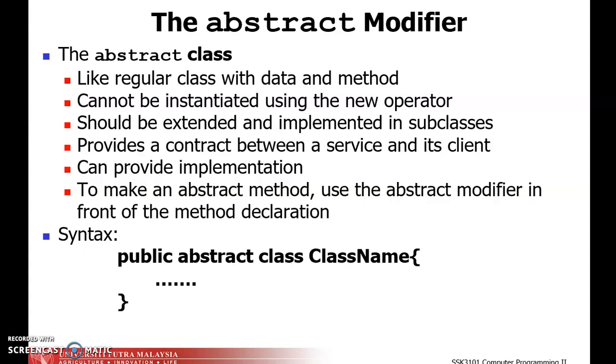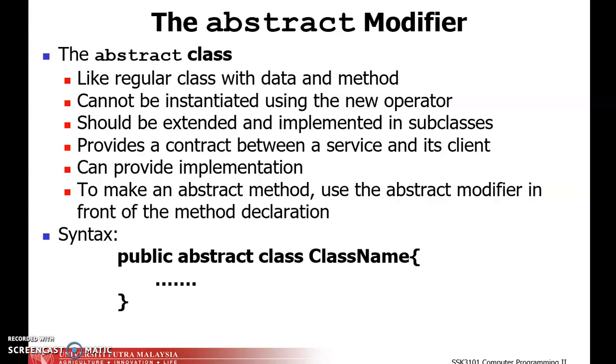An abstract class is like a regular class with data and methods. The class should be extended and implemented by its subclasses. This is somewhat interesting, which means it provides a contract between the superclass and its subclasses. You are required to recall the concept of inheritance again in this topic.